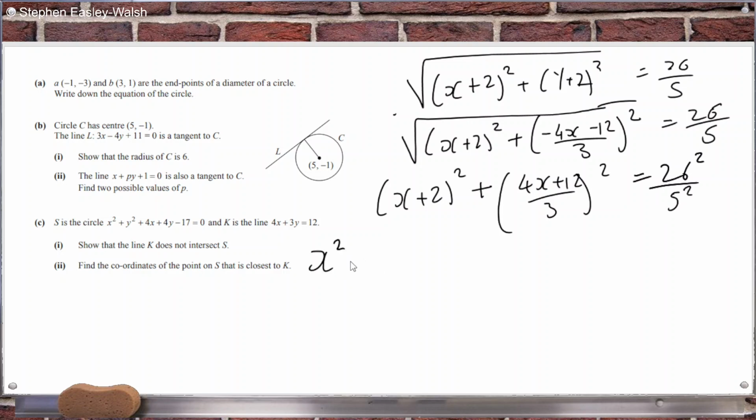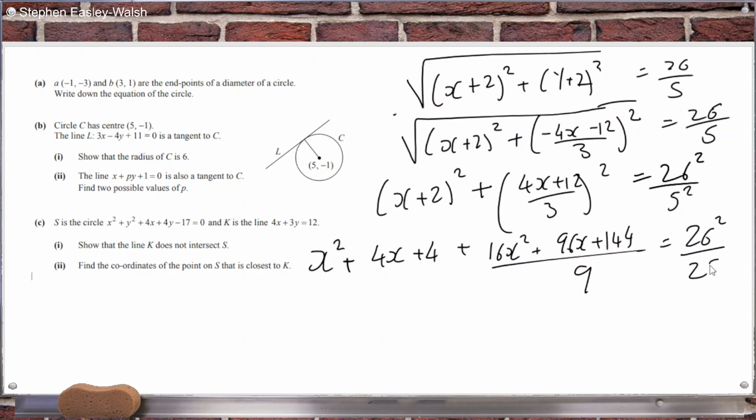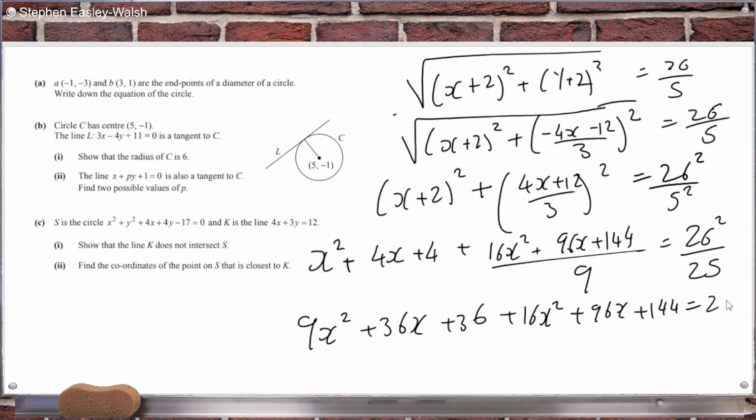So I get x squared plus 4x plus 4 plus 16x squared plus 96x plus 144 over 9 equals 26 squared over 25. I'll multiply by 9, so I get 9x squared plus 36x plus 36 plus 16x squared plus 96x plus 144 equals 26 squared times 9 over 25.